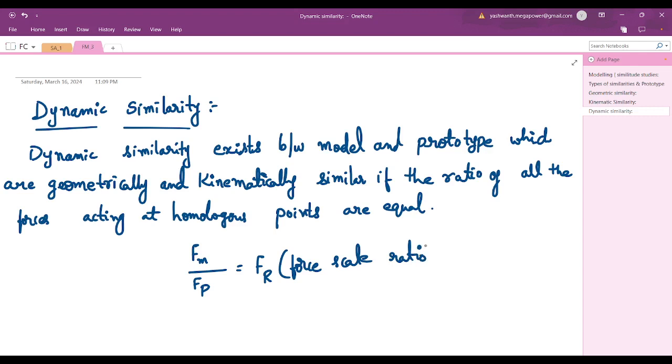This is in detail about model and similitude studies. Clear? So if all these three similarities hold between model and prototype, then they are called exactly similar.